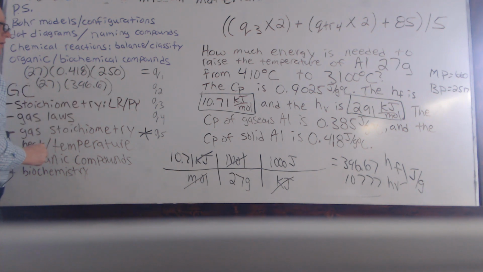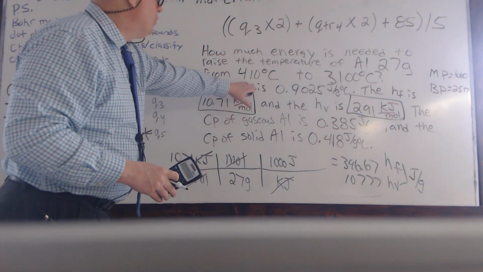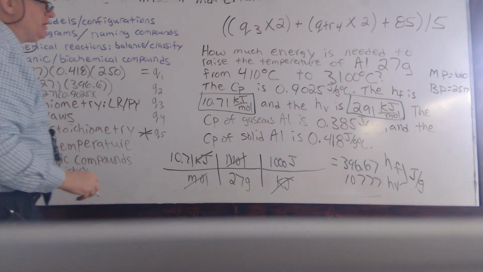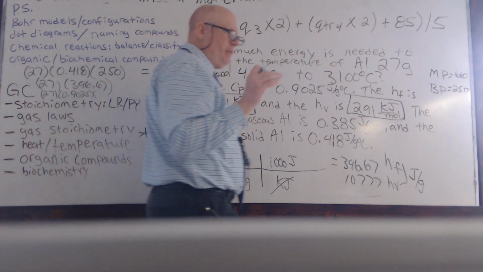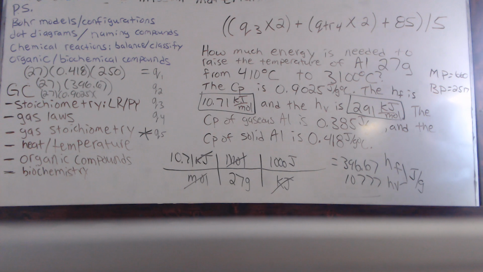Then in Q3, you have 27 times 0.9025. And where does our temperature range occur for step 3? 660 to 2000. That's the liquid point, right?